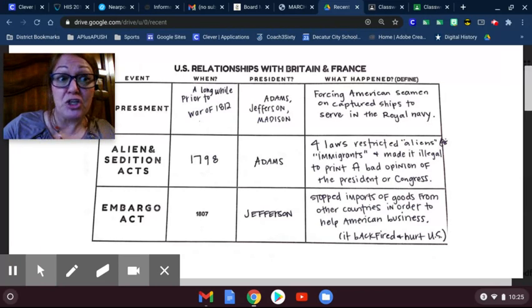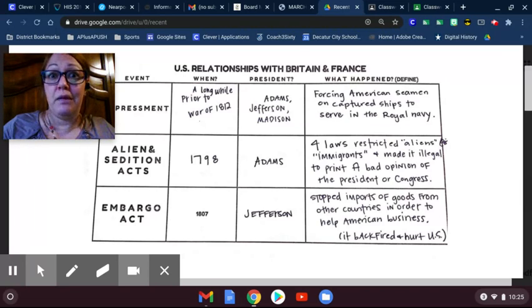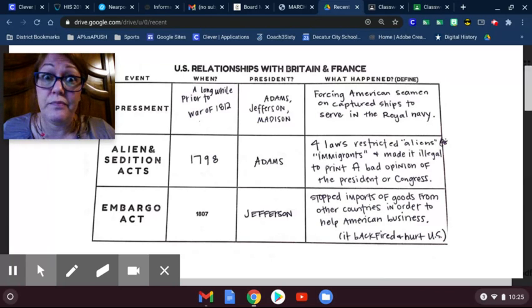Now these can be merchant ships. It doesn't have to just be military ships. They capture the ship and then they take the men aboard and they force them to serve in the Royal Army. You say, how do they force them? Imagine being out in the middle of the ocean.